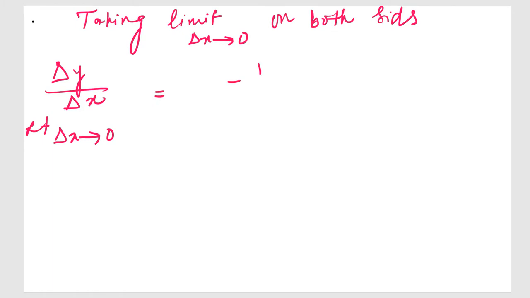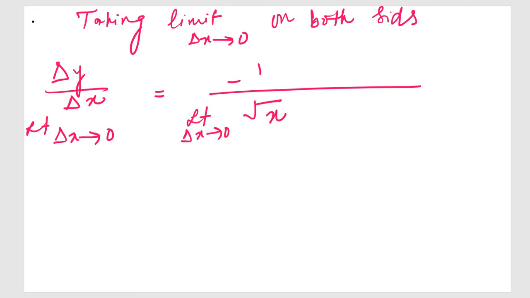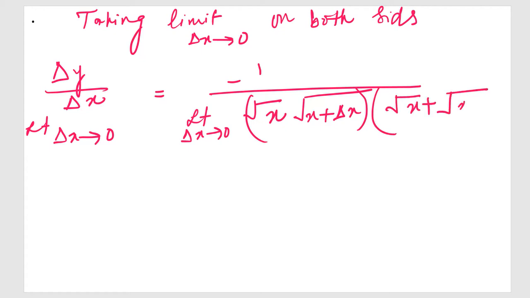Same thing, negative 1 we have in the numerator. In the denominator, limit delta x tends to 0, square root of x into square root of x plus delta x, square root of x plus delta x. So see, when we apply delta x tends to 0 on delta y over delta x, it will be equal to dy by dx.